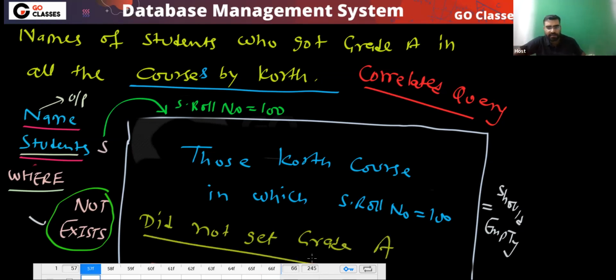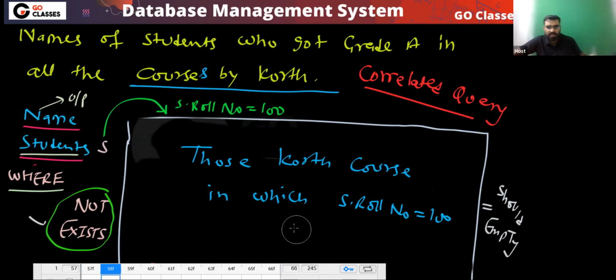So where he got grade A, that should be empty. If my purpose is that I want those courses in which he did not get grade A, then those courses where he got grade A, those courses in which this roll number got grade A.